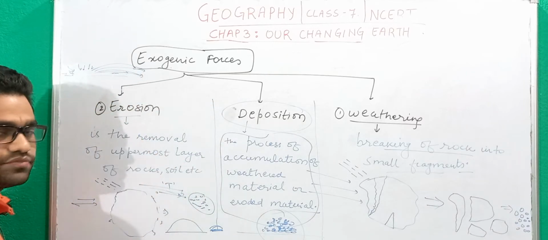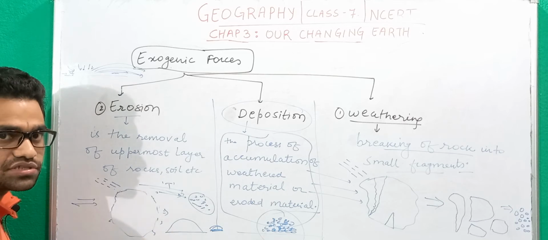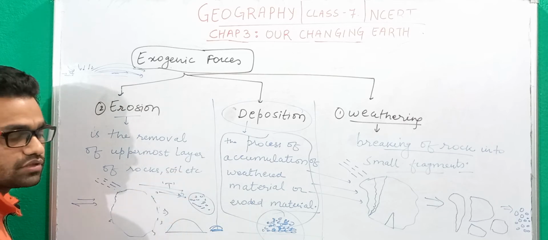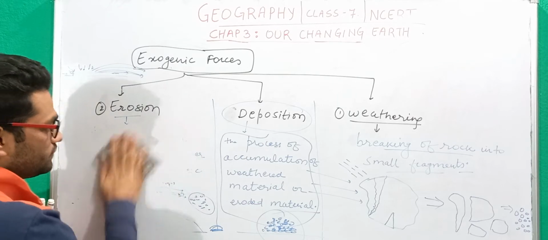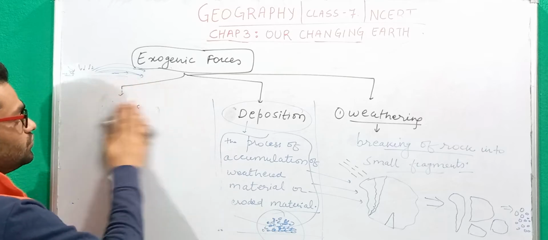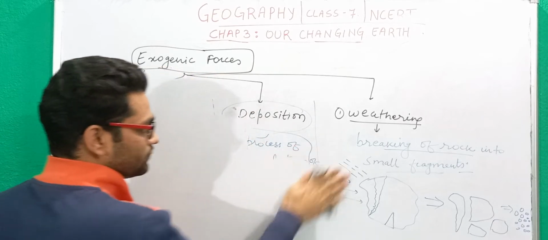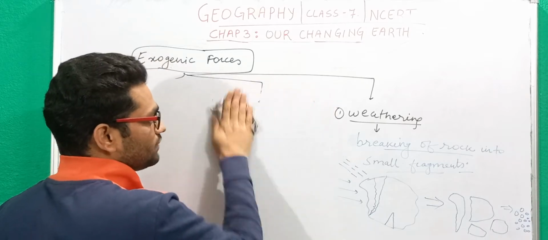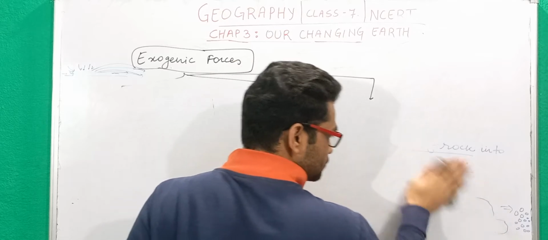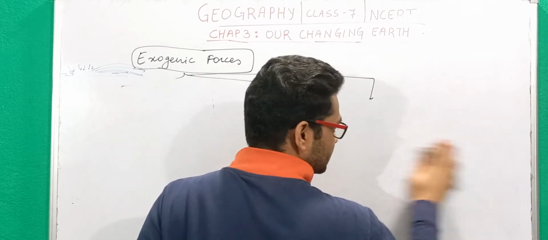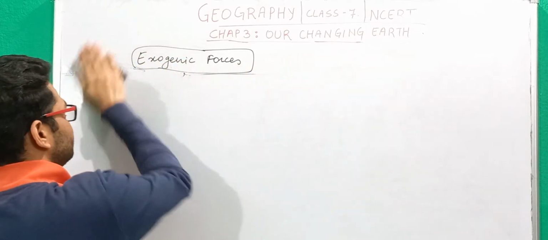And because of these three basic phenomena, you will find that there are many landscape changes that happen above the surface of the earth. So now let's try to understand the different types of landscapes. We have talked about the wind, we have talked about the rain, and we also have some other agents that cause this type of activity, that is weathering, erosion and deposition.